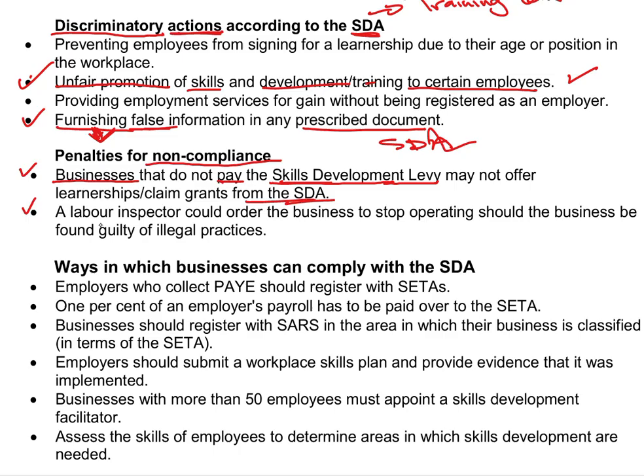Also term 1, you will do HR, which is your paper 1, and it is very easy. It's possible to get 150 over 150 on that topic. The challenging paper is paper 2. So we go to the second point. They are saying a labor inspector could order the business to stop operating should the business be found guilty of illegal practice.